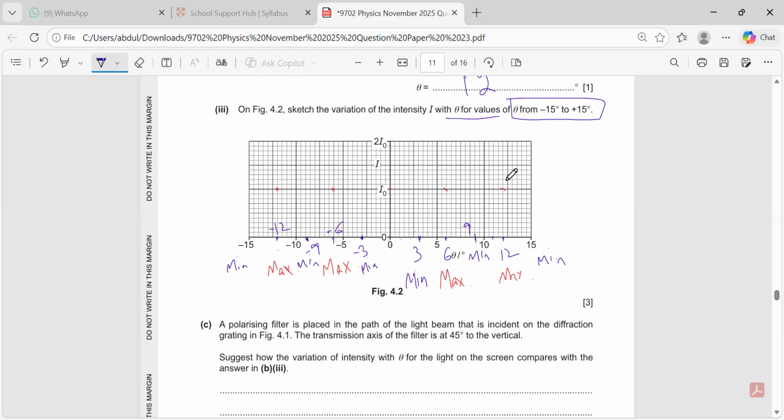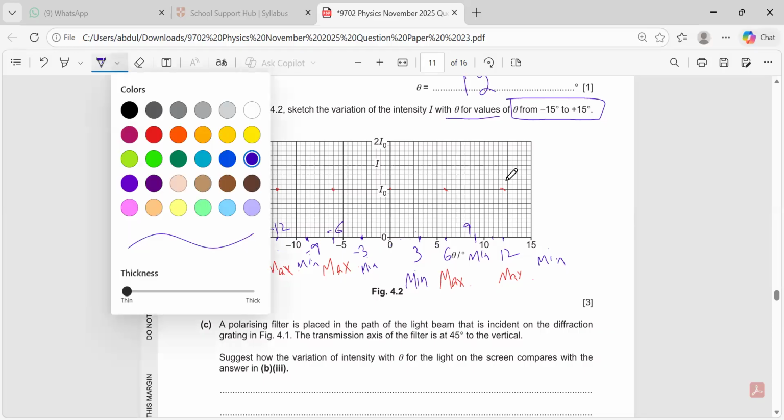Now we need to plot this graph, and you know very well that I'm not that good at these drawings, but I will try my best to plot it. See, it will start from maximum here.